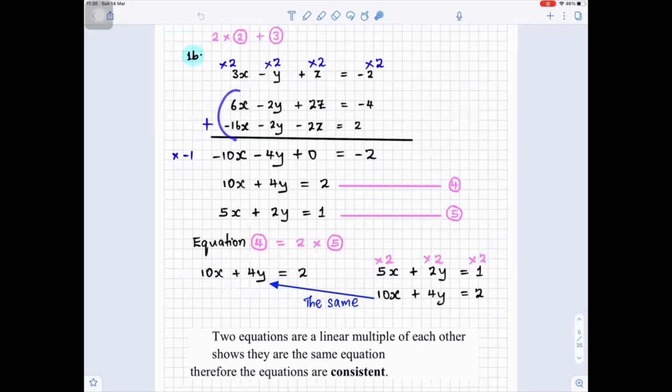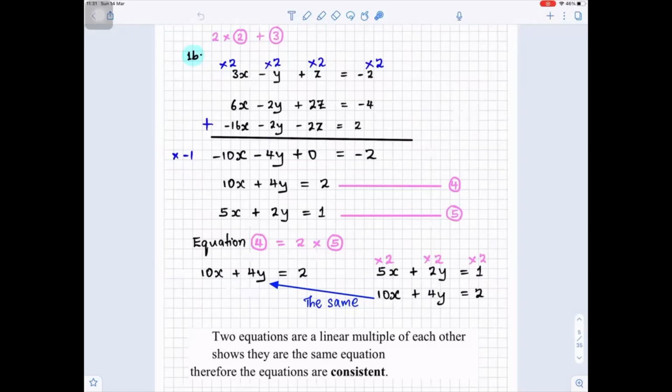So 6 plus minus 16 gives you minus 10x. Minus 2y plus minus 2y gives you minus 4y. 2z plus minus 2z gives you 0. So z is gone now. Minus 4 plus 2 gives you minus 2. So we have that equation now in only x and y. We've eliminated z.